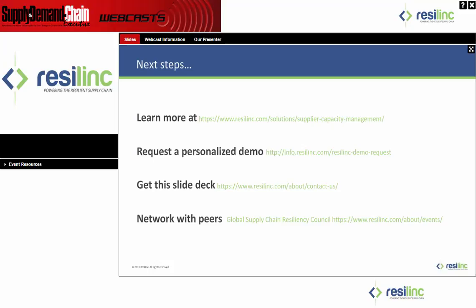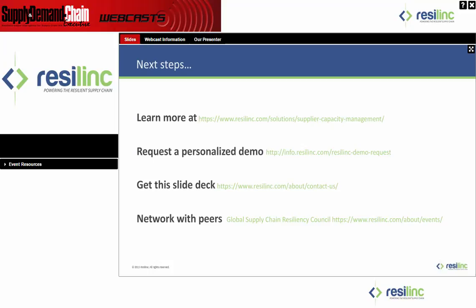Okay. How frequently can I change my demand information? Typically, we are seeing customers change their demand information on a monthly basis, but it can be done more frequently. Okay. Is the supply and demand information captured at a daily, weekly, monthly level?